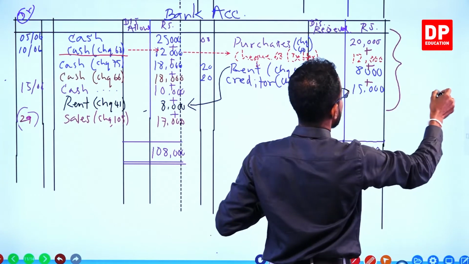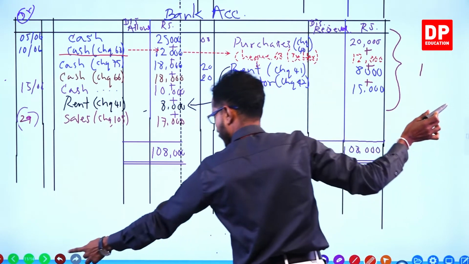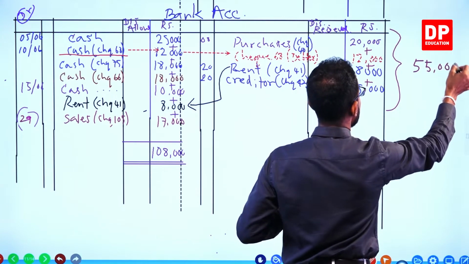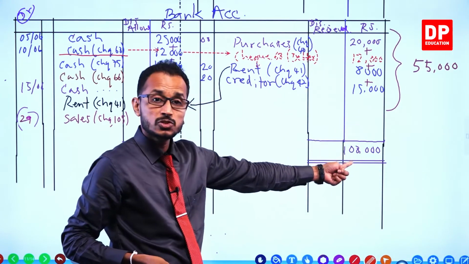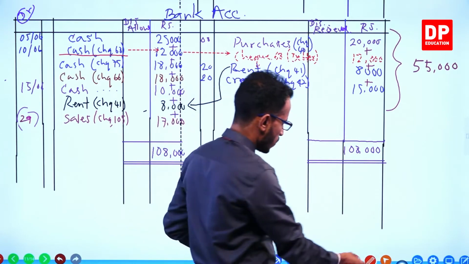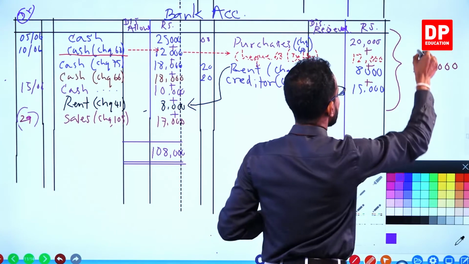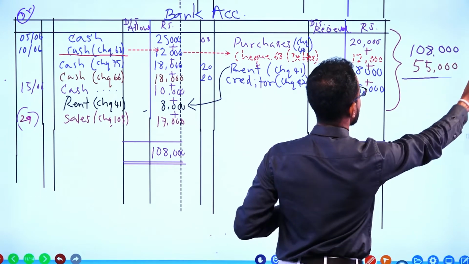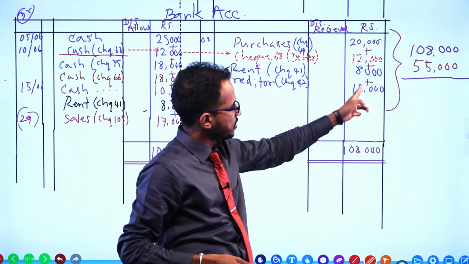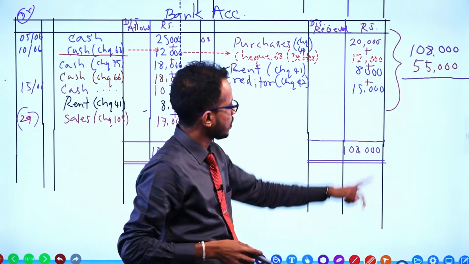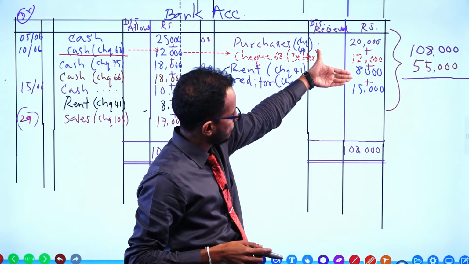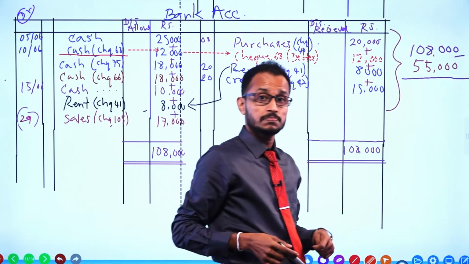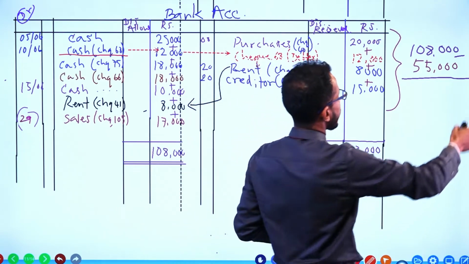We get the credit side total 55, and we have already got the debit side total 108. Subtract this from that. Credit side total subtracted from debit side total. Take the difference. That is the balance.